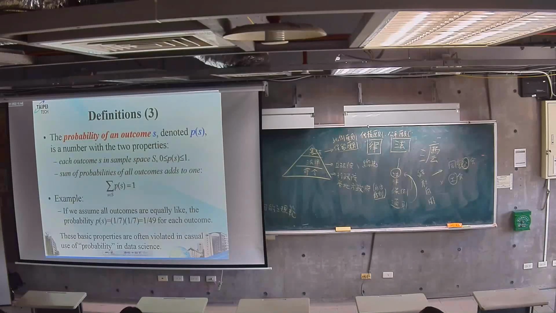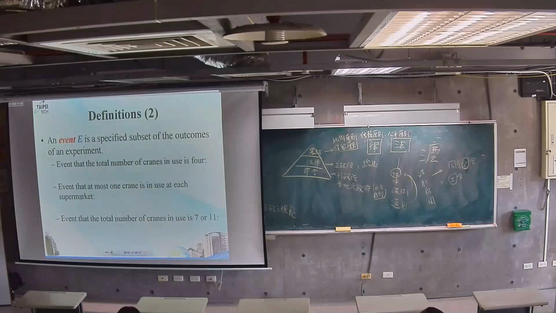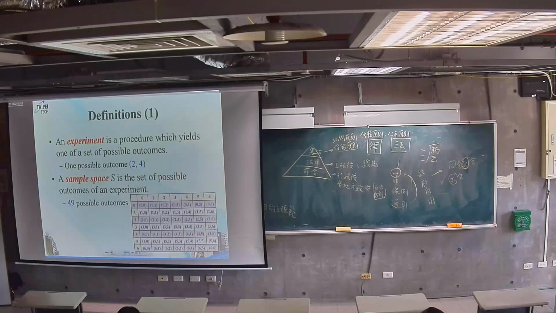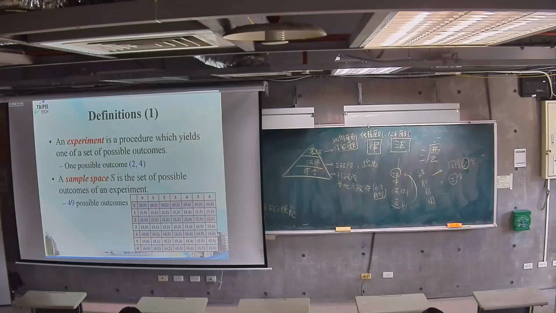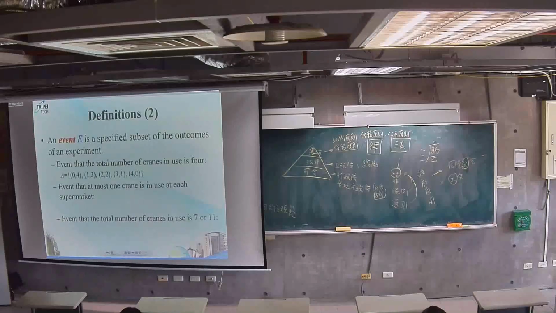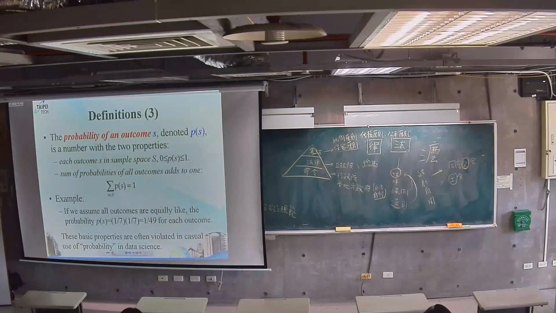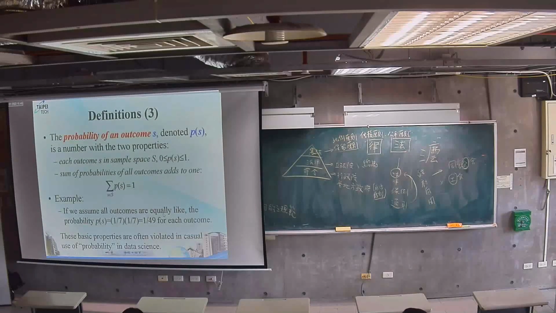All right. In our example, we just assume that all the outcomes are equally likely. So here, there will be 49 possible outcomes, and each outcome happens equally.